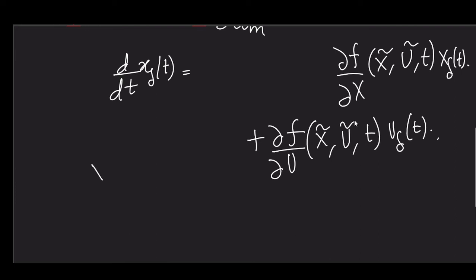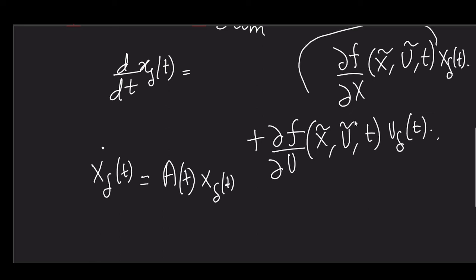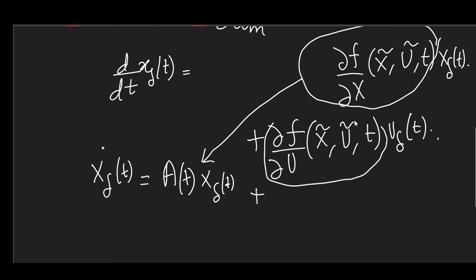So this whole thing can be represented like this, where A(t) is this much, this is our A(t), and this is B(t). Right.